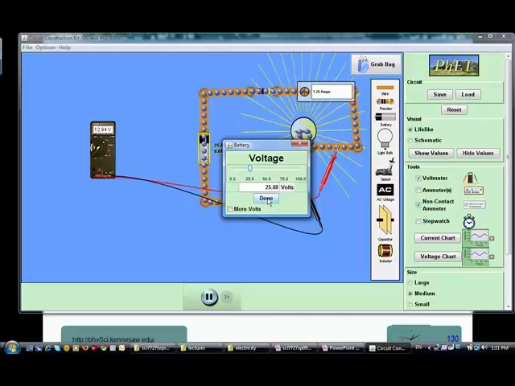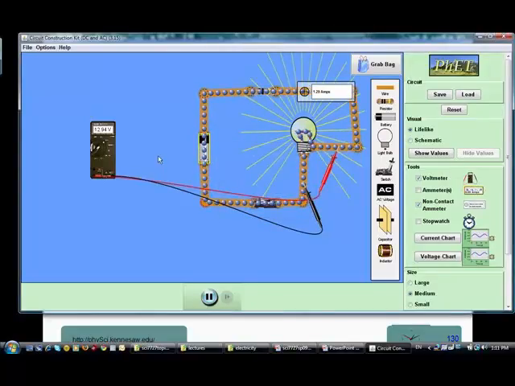You notice there, I have about 13 volts across the light bulb and much brighter light and larger current. So in this case, we increased both the current and the voltage, and due to both increases, we obtained more current, more light.